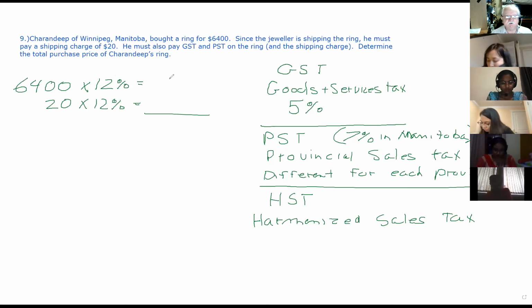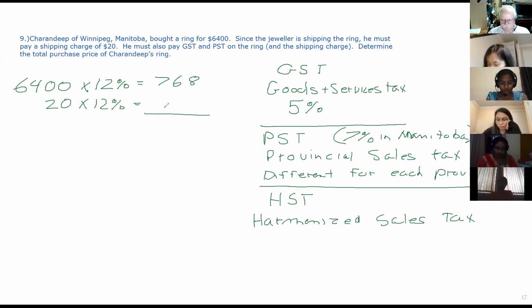How much is the tax on the ring without the shipping charge? $768.